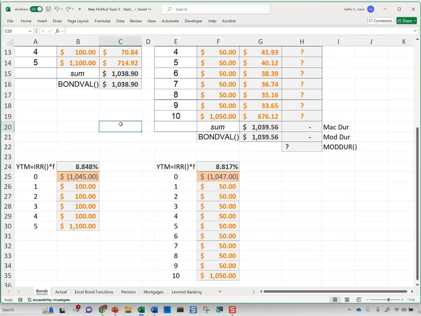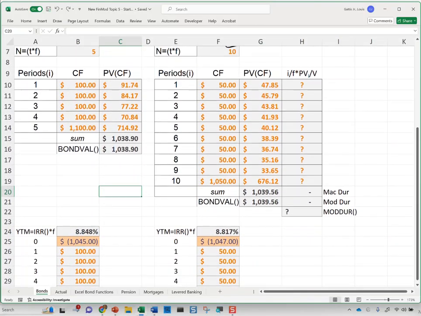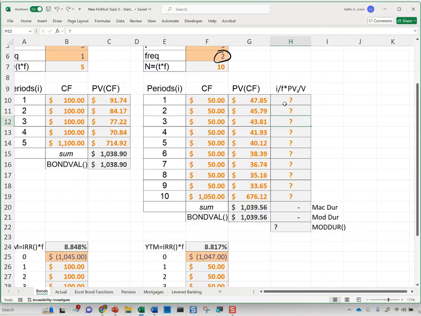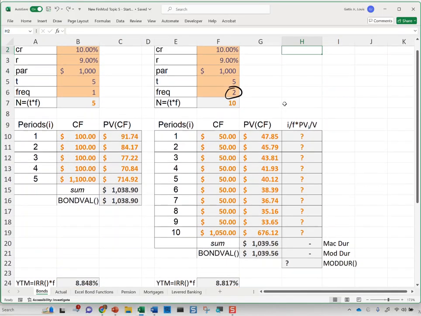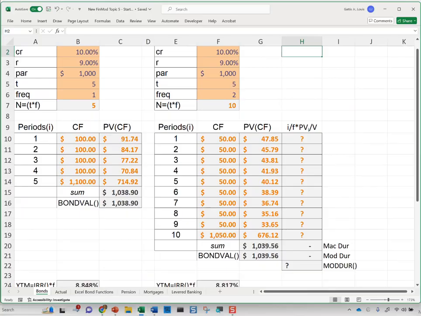bonds. And we'll go back to this example we had with this 5-year, 2 payment per year bond. And what we're going to do is calculate the weighted average time to getting the money. So it's kind of a weighting of the periods and the present value of cash flows. So I'm going to say equals the period divided by the frequency. In this case, the first period is actually 0.5 years from now, 1 over 2.